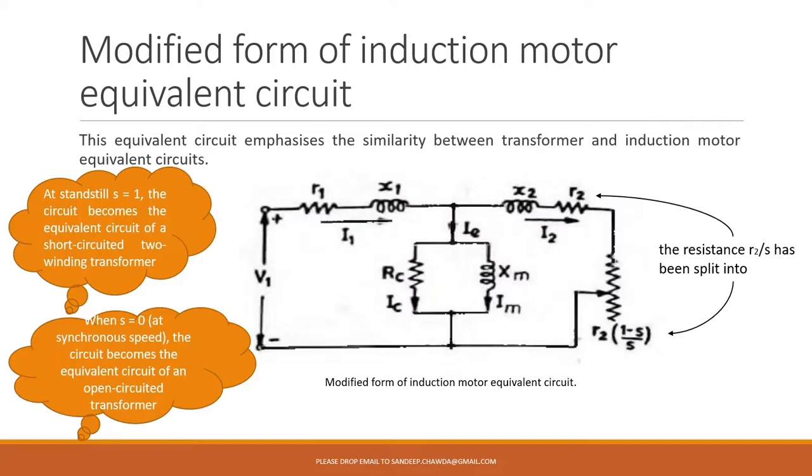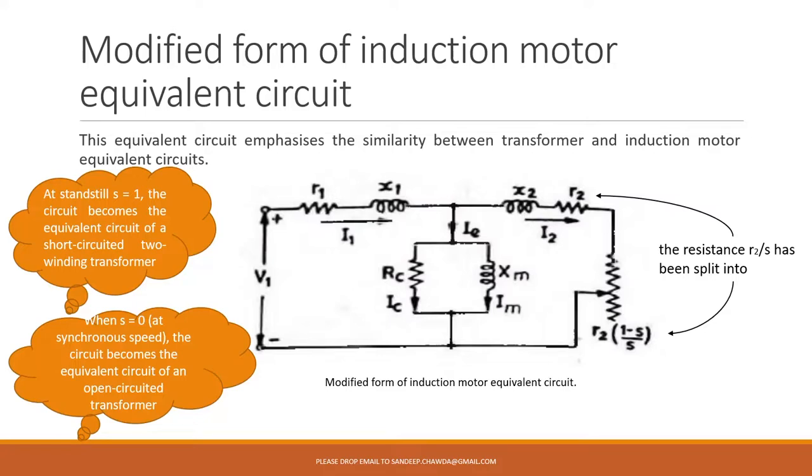Here one thing you can observe. When slip is 1, your induction motor is at standstill condition, the rotor is not revolving, the rotor is stationary. When you compare this with a transformer, you will find this circuit is equivalent, when the slip is 1, to a transformer with its secondary short circuited.